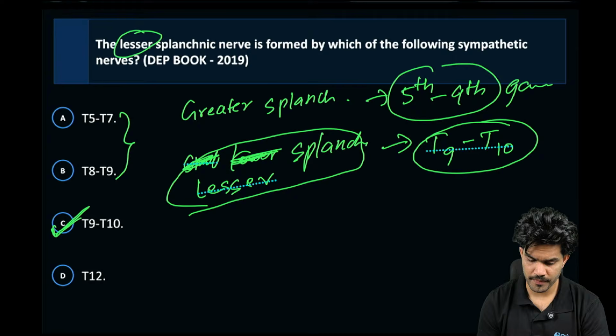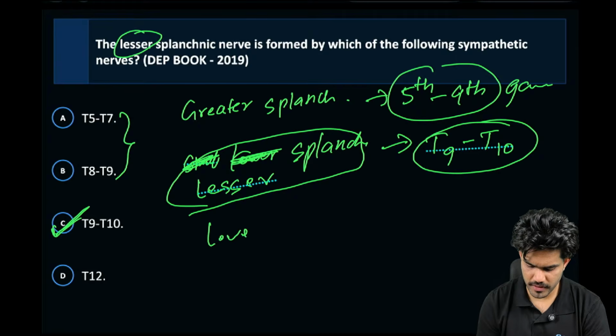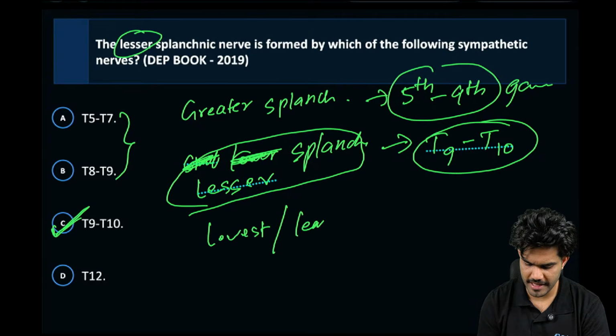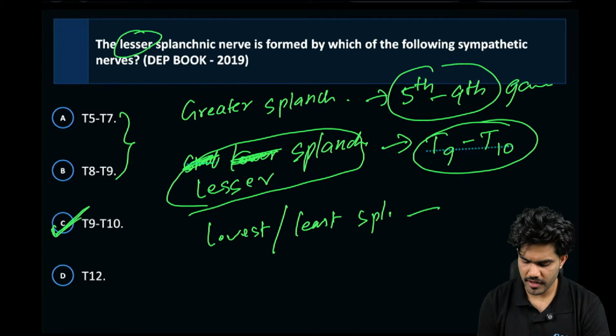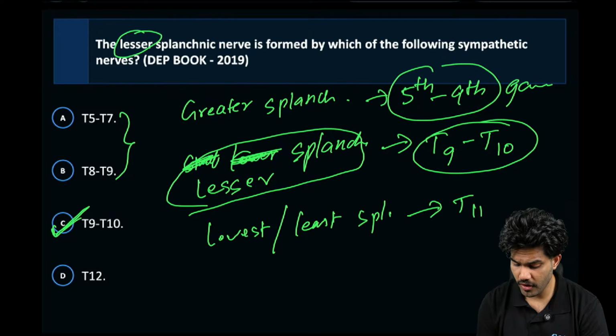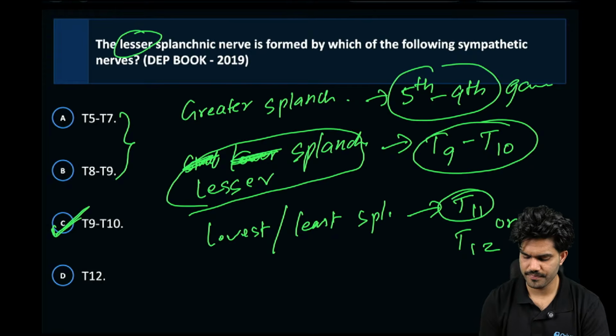Okay, this you have to know. And the lowest or least splanchnic will be either T11 or T12.